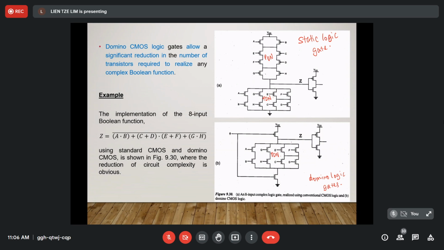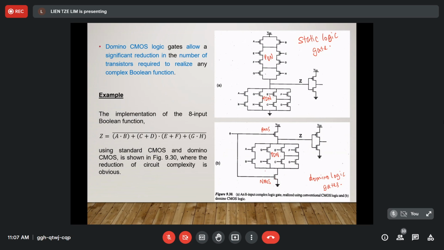In the other circuit, you see there are some changes in the structure. In these domino logic gates, there is only one PMOS and another NMOS. Remember that these two transistors, the PMOS and NMOS, are compulsory in domino logic gates.